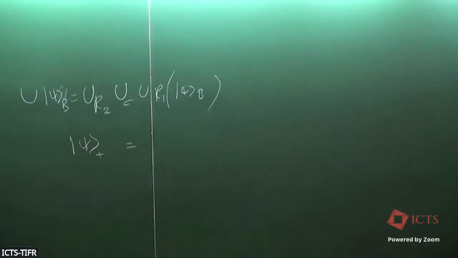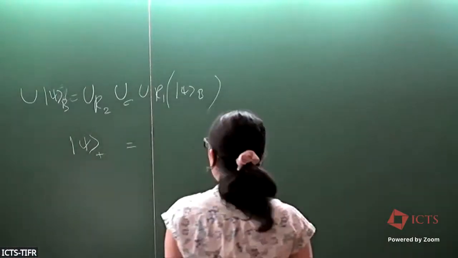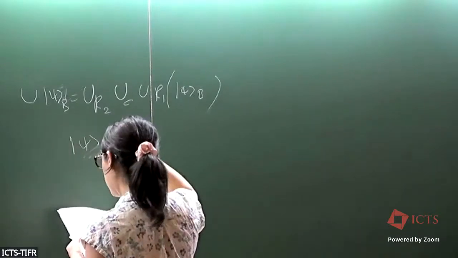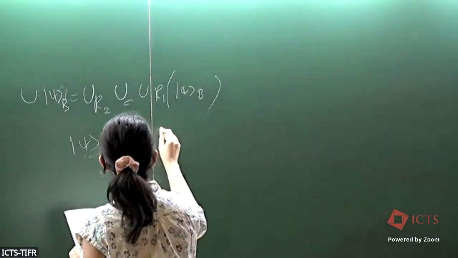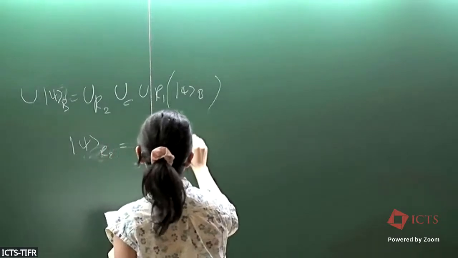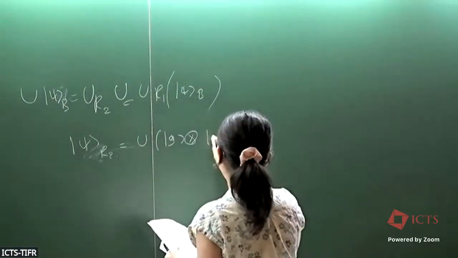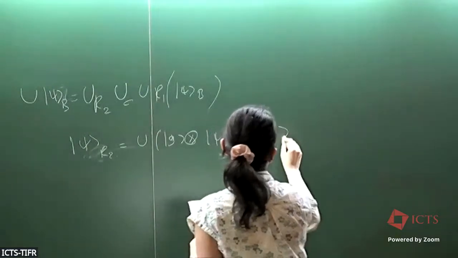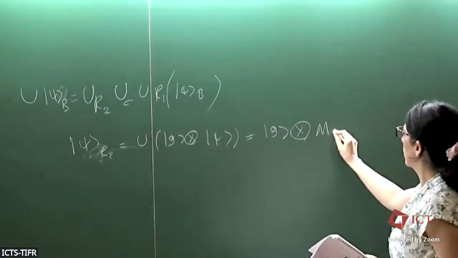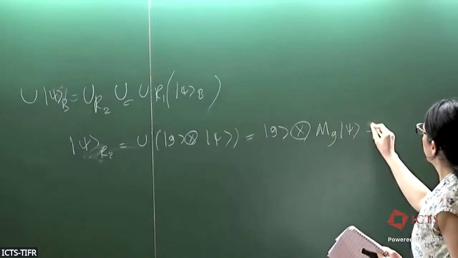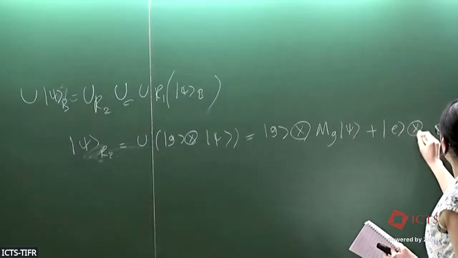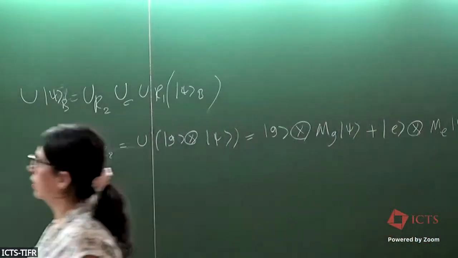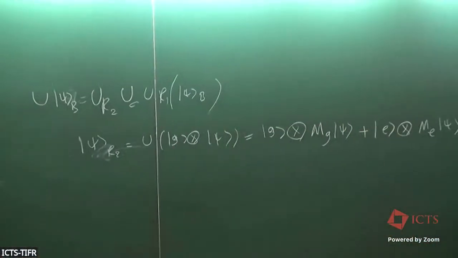So you have psi R2, yes, which is something like this, plus, before measurement, it's like this. When you measure, then you project, right?